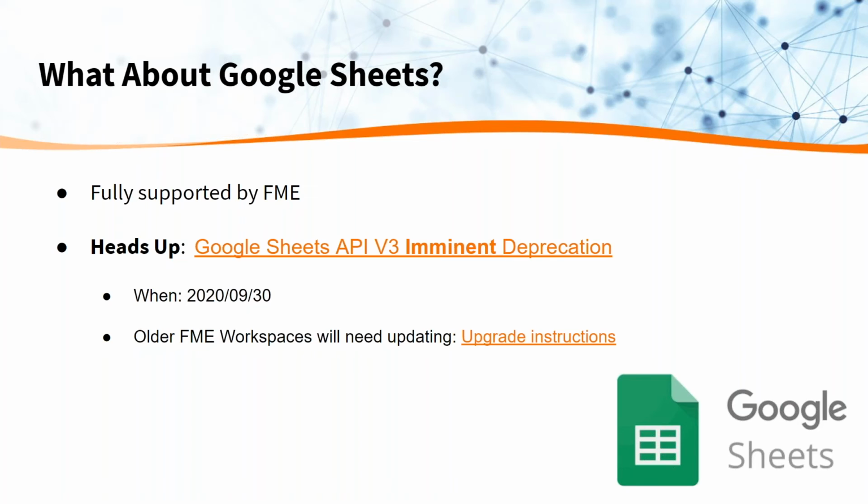So you'll have to update your older FME workspaces. The instructions are there. There's a link on these PowerPoint slides that you'll be able to get, and you can follow those steps on upgrading your existing workspaces if you are using Google Sheets. So that's got to be done by the end of the month.